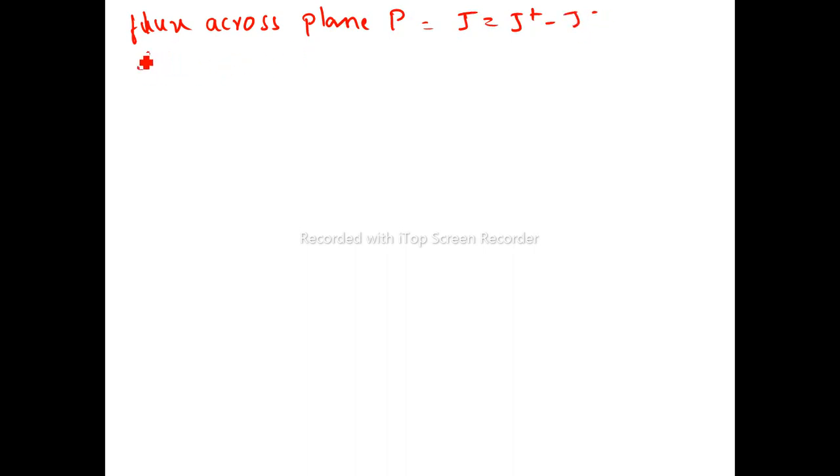Then this is equal to N1 minus N2 into gamma.